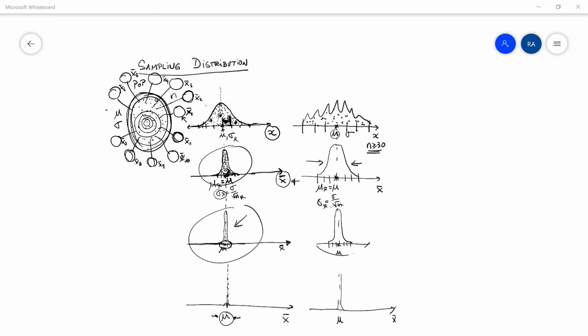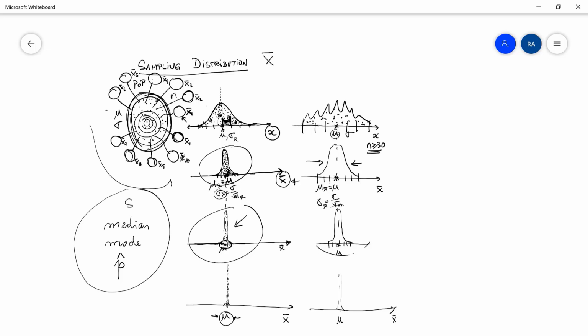In the same way that we analyze the sampling distribution of all sample means, we can study the distribution of other statistics in those samples. For example, the standard deviation, the median, the mode, and the sample proportion. The shape of the distribution of all of these statistics computed in all of these samples could be different.